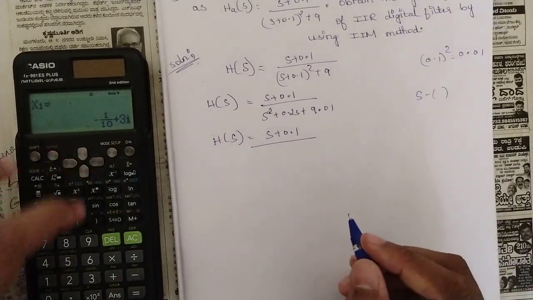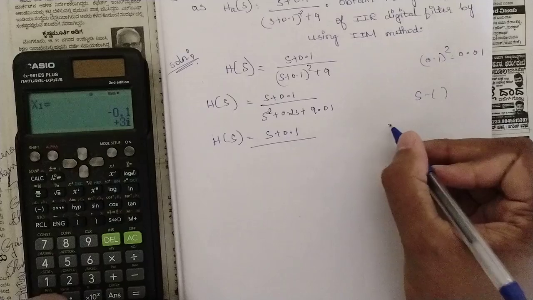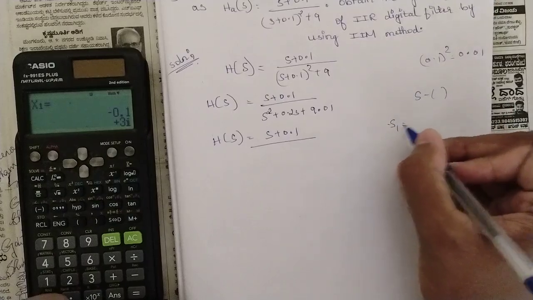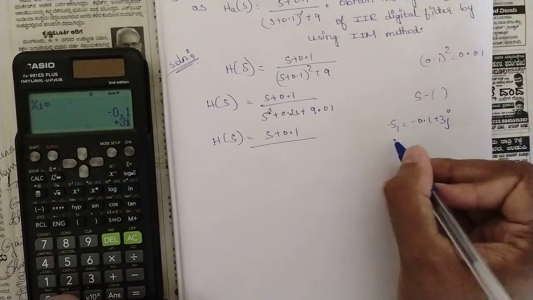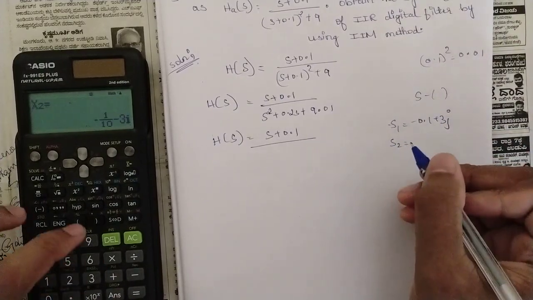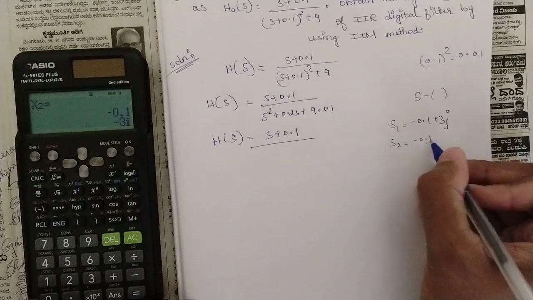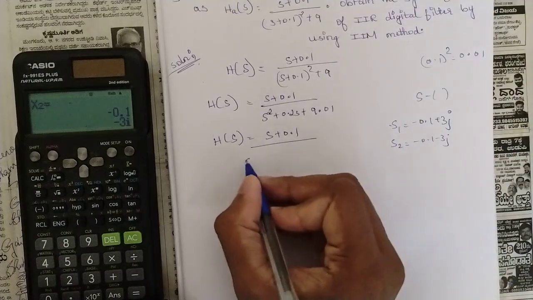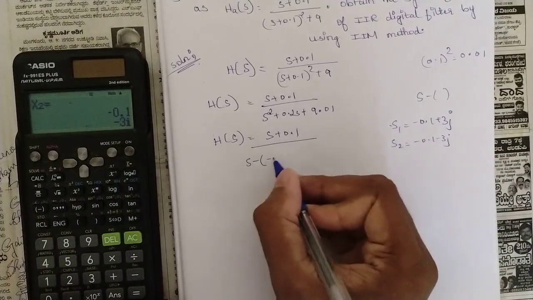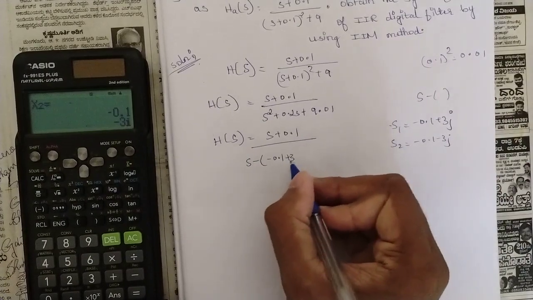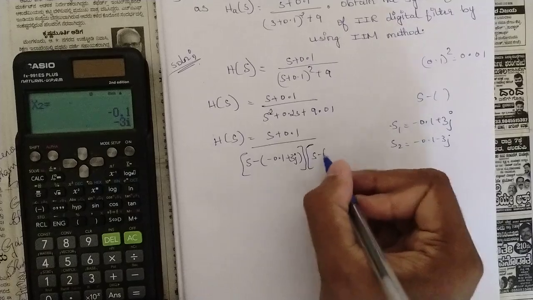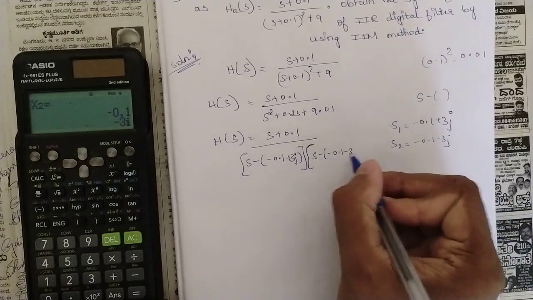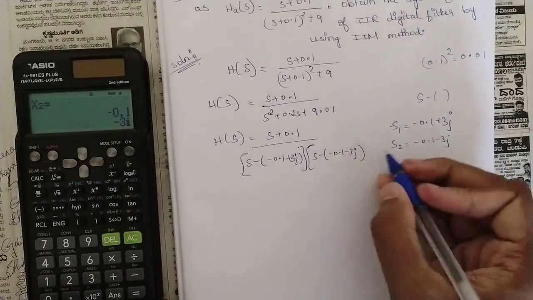So the roots are, first root is s1, that is minus 0.1 plus 3i or 3j, s2 is minus 0.1 minus 3j. So s minus of minus 0.1 plus 3j, this is the first root I am writing, then s minus second root minus 0.1 minus 3j.